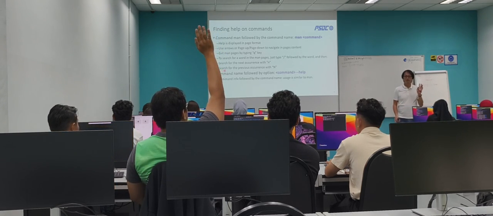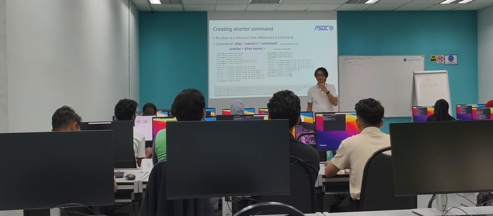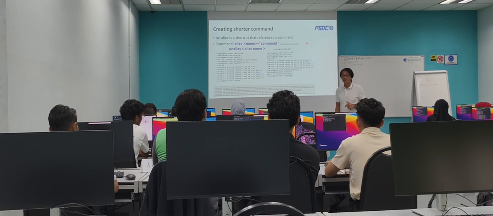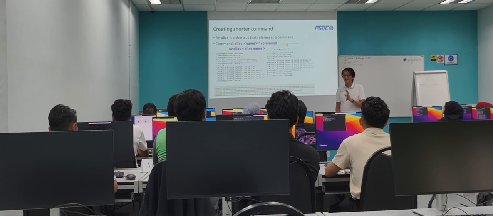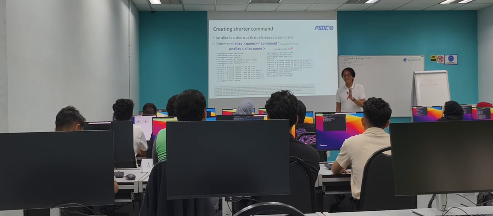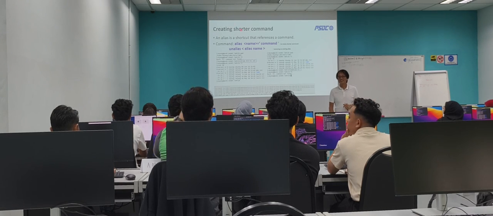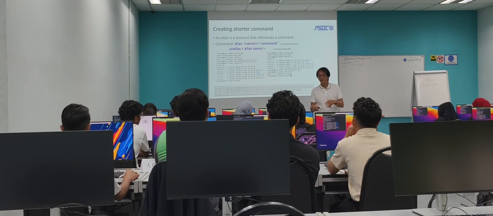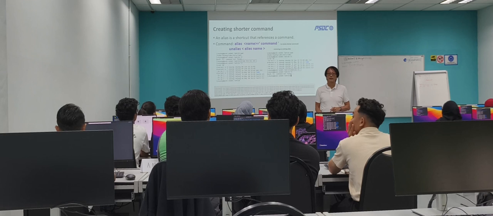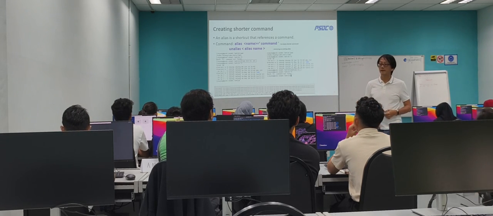So for alias, is there a limit on how many aliases you can make? So far, I haven't found any limit yet. Can we list out our aliases if we have a list of aliases that we made? You mean, let's say I make a few aliases, LL and then maybe LB and something.